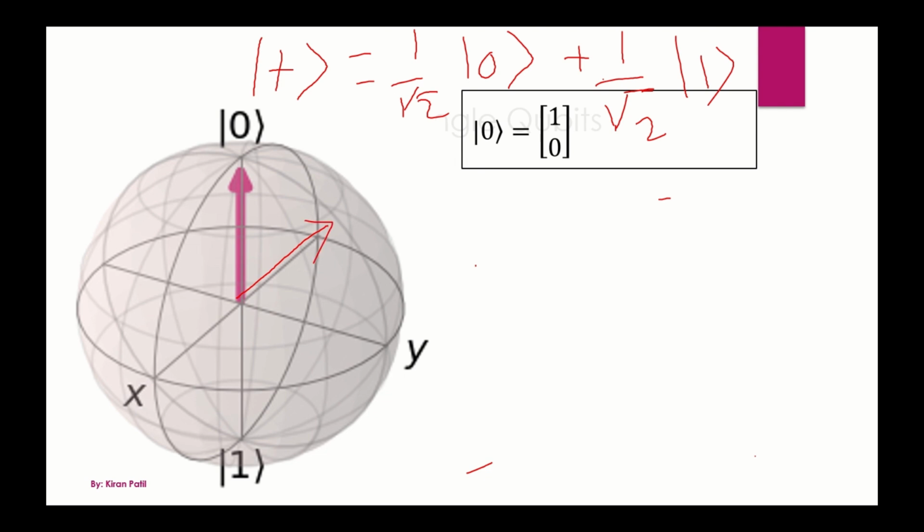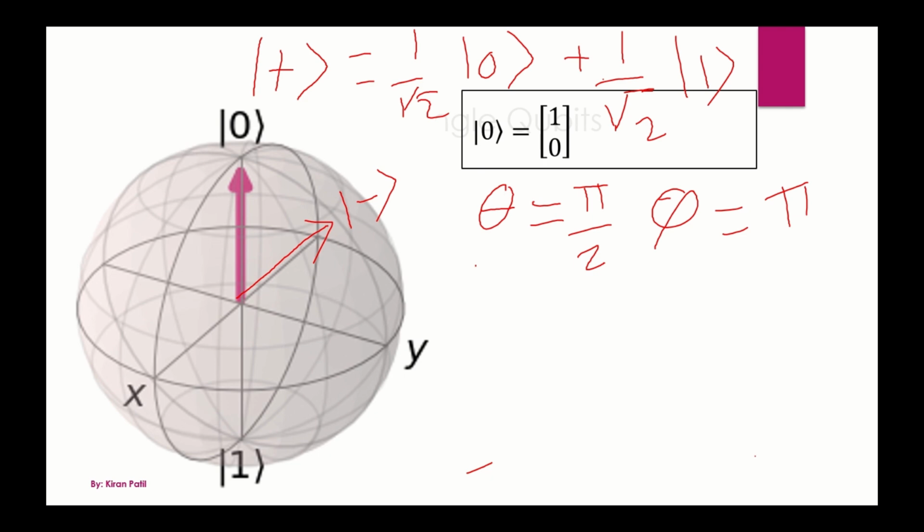So this vector is known as |->. Now we need to calculate it as we calculated |+>. For this |-> we have theta equal to pi by 2 and phi equal to pi.